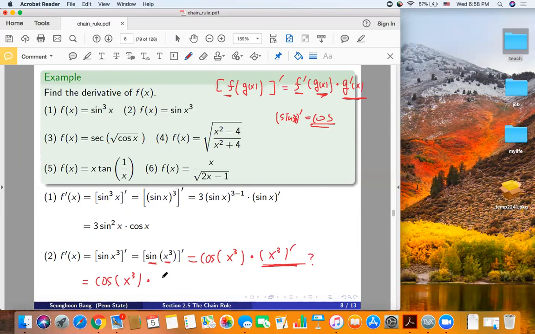You're right. You can use the power rule. Just rearrange it. 3x squared goes to the front: 3x squared cosine of x cubed. That's it. This is the answer.